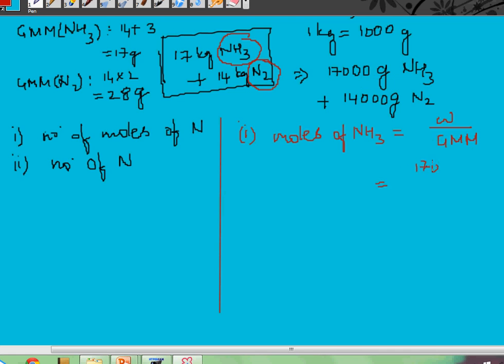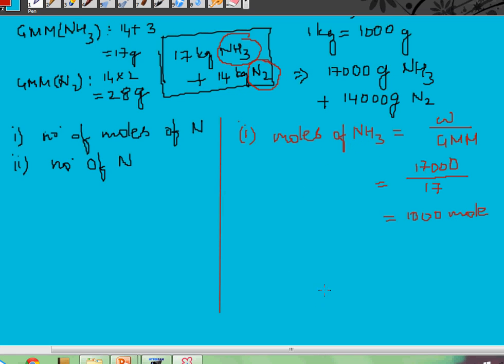That's why you converted it into gram. 17,000 gram divided by the gram molecular mass of ammonia, 17 gram. So 17,000 divided by 17 gives us 1,000. So you have 1,000 mole of ammonia in the container.